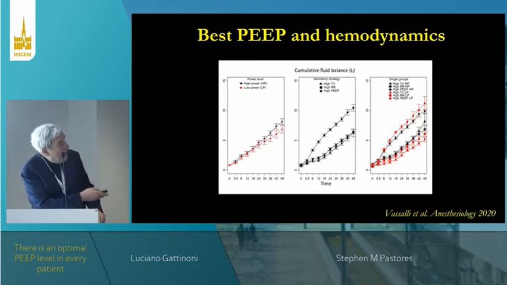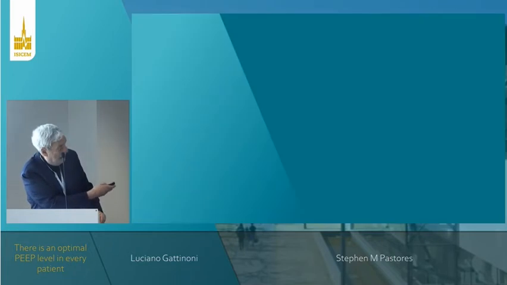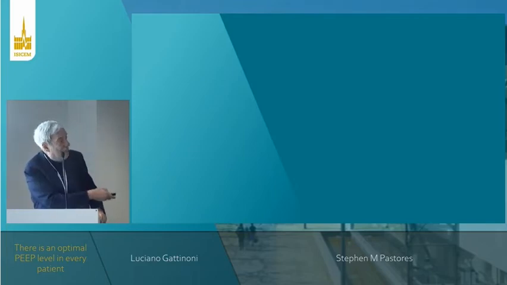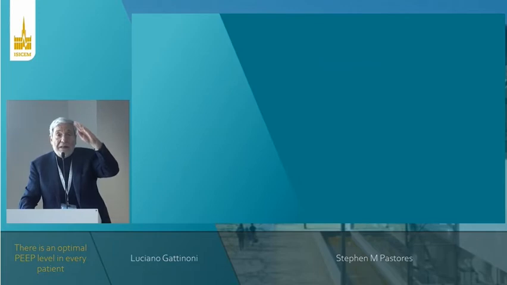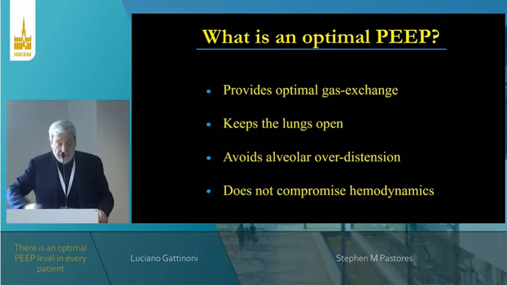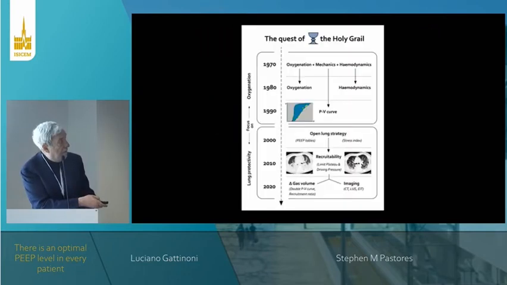And these are more than 100 pigs, I think. And you see one line which was much higher, completely different from the others. This was the line of the high PEEP, in this case very high.